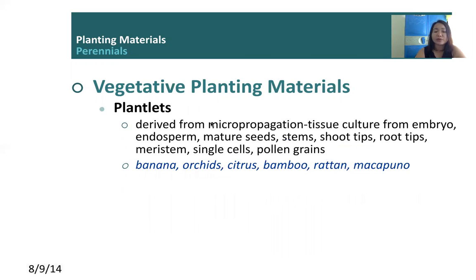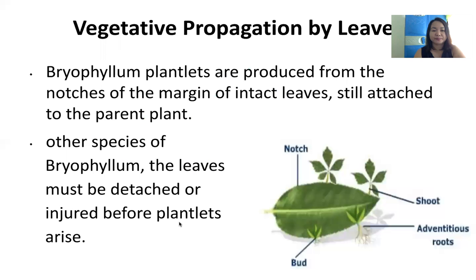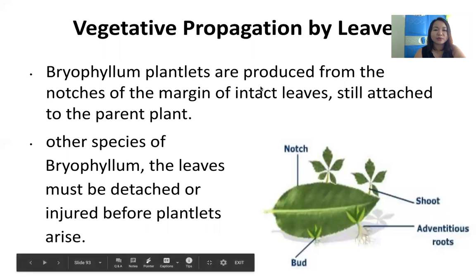We also call them plantlets if they are derived from micropropagation or tissue culture from embryo, endosperm, mature seed, stems, shoot tips and root tips, meristems, single cells, and pollen grains. For example, banana, orchid, citrus, bamboo, rattan, and makapuno. So those are the different stem cuttings.